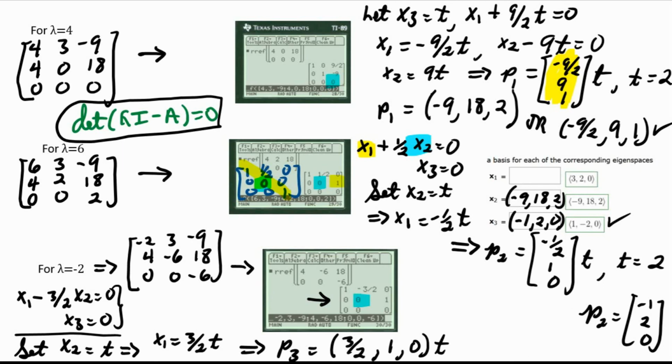And so if you just multiply by 2 to clear the fraction, we get p sub 3 is equal to 3, 2, and 0. And so you see that there. And then we get this here for that one.